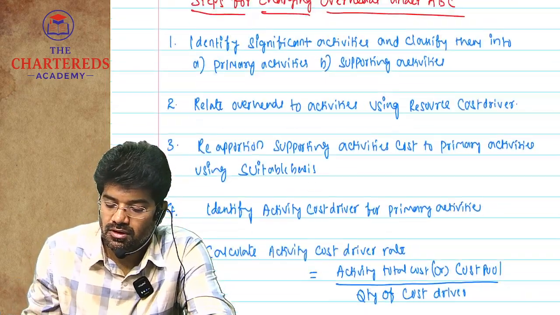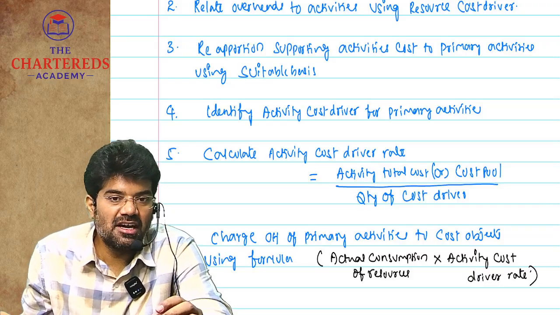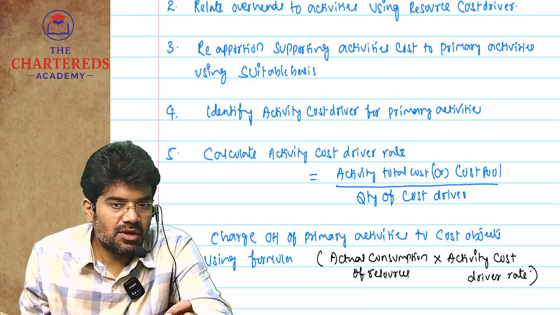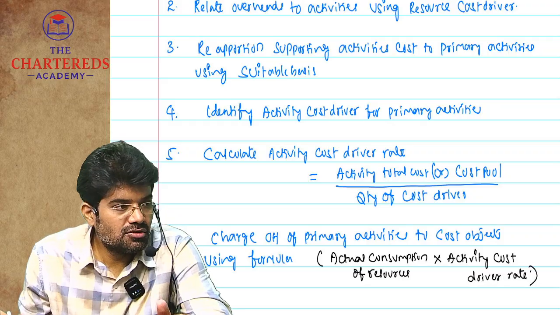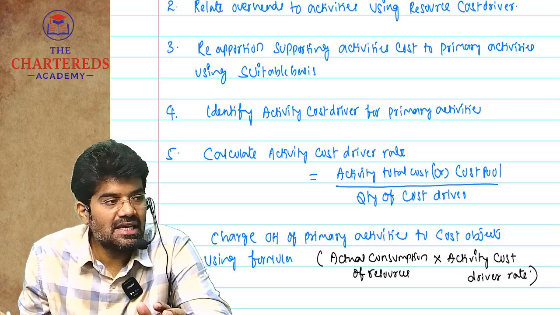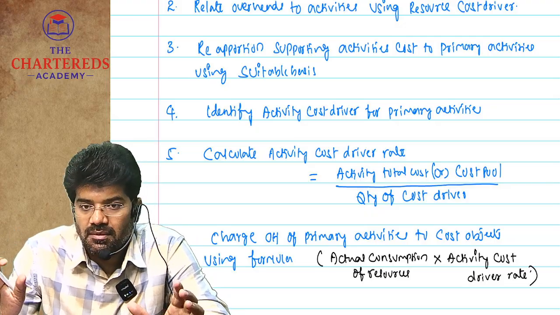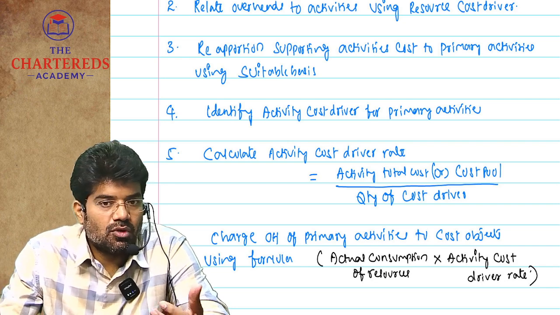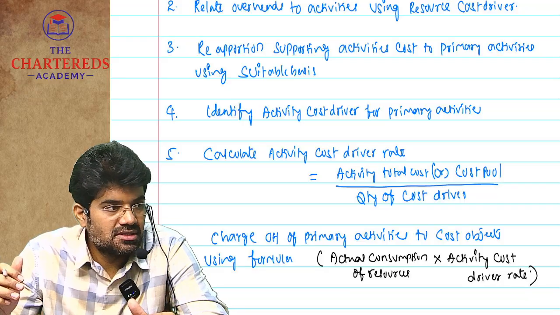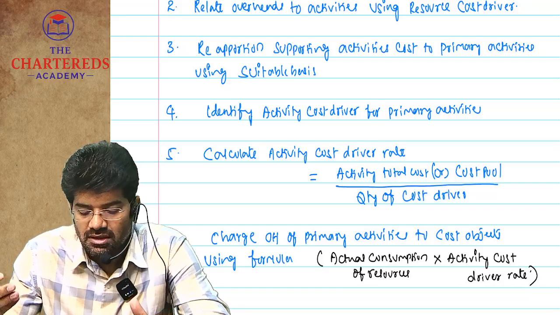Okay, so just recollect the example, one activity. For example, if setting up is one of the activities, setting up of machine. So the setting up cost is the numerator, divided by how many number of setups during that period. Then I will get the activity rate. Now for each cost object, what is the number of setups that actually took place, into the activity rate?